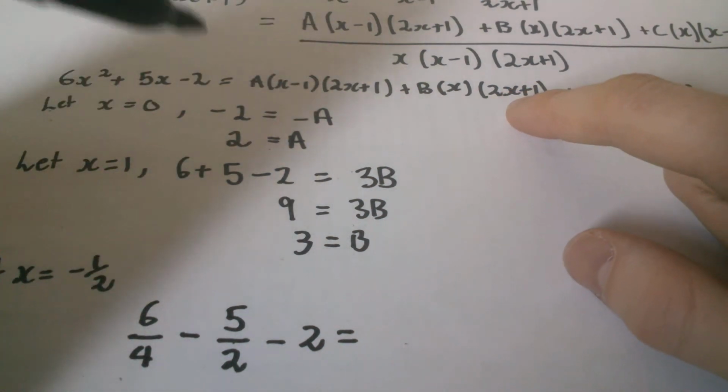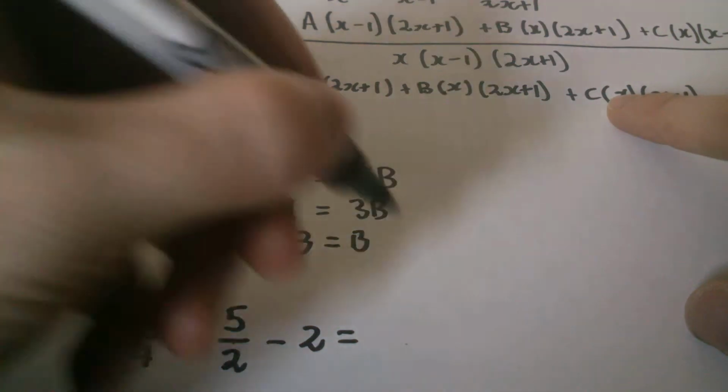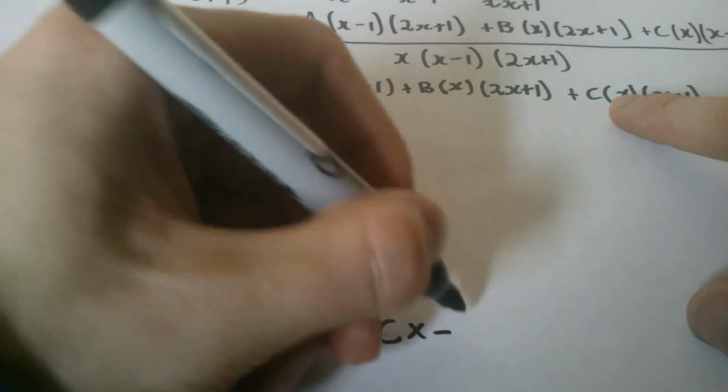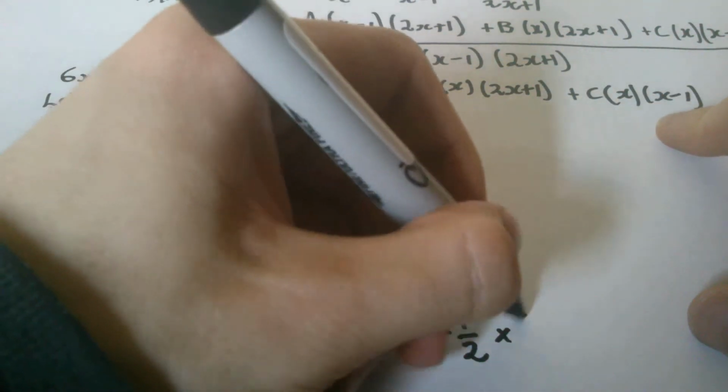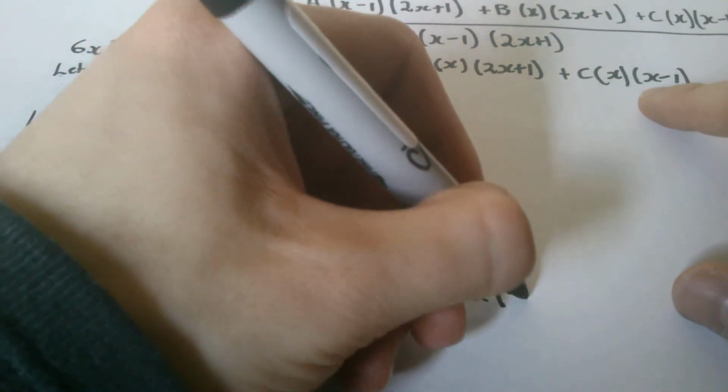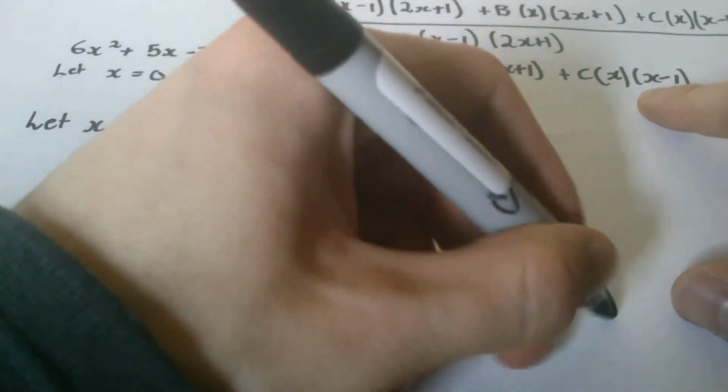This term here goes away as well, so you've only got c times minus a half minus 1.